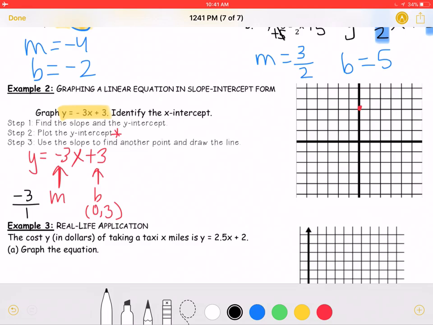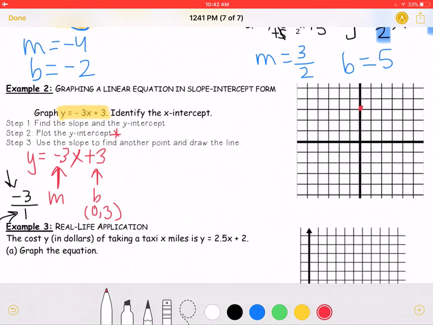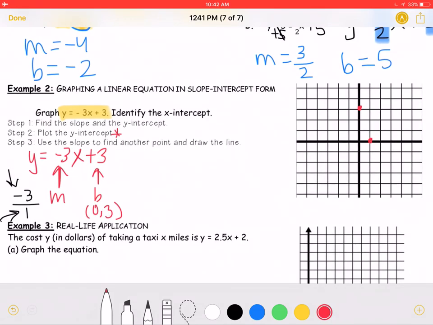So what this is telling me is that I'm rising -3, which means I'm going to go down 3, and then I'm running 1, which means I'm going to move to the right 1. So from that point I plotted, from my y-intercept, I'm going to do my slope. I'm going to go down 3, and then I'm going to go to the right 1, and that's going to give me another point on this graph.